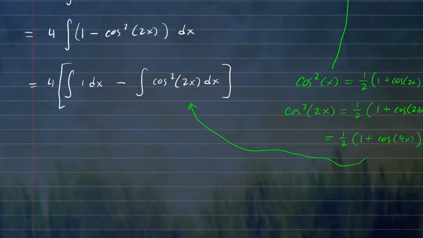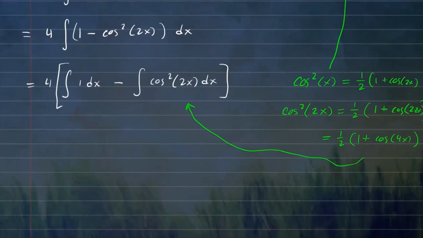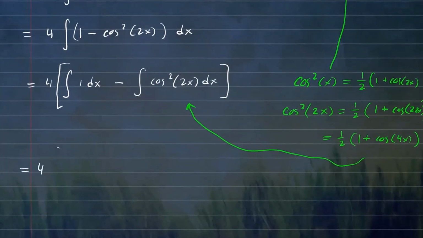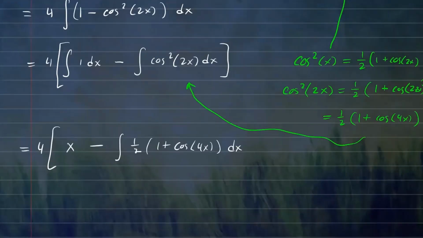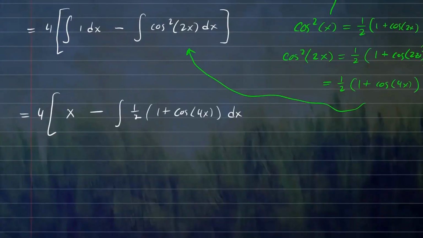So our integral, we can rewrite using this same identity. We have 4 times the integral. Now you can integrate 1; that's just x. Minus, I rewrite the second piece: the integral of cosine squared of 2x, which is 1/2 (1 plus cosine of 4x) dx. The 1/2 we can pull outside. Now we can integrate all of these.